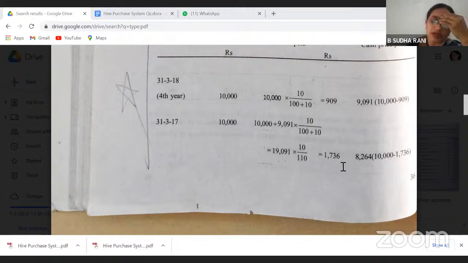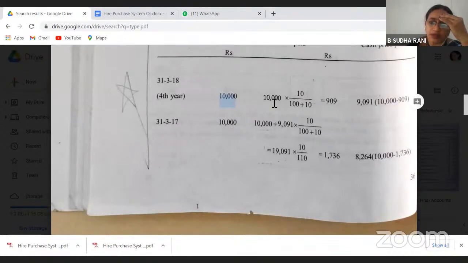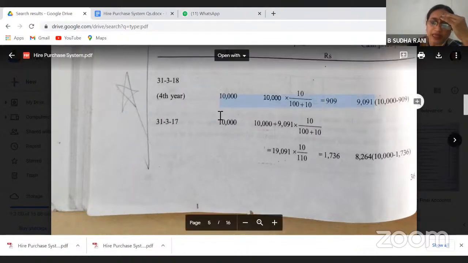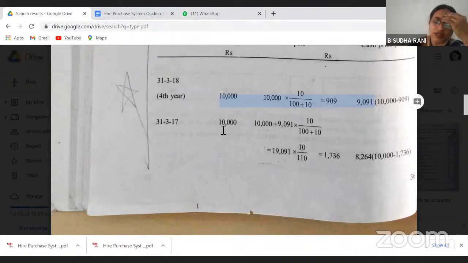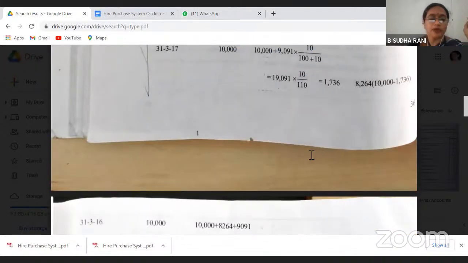Oh, I'm so sorry. From the installment amount, we are supposed to subtract the interest. Whatever cash balance you get has to be added back to the next installment amount.